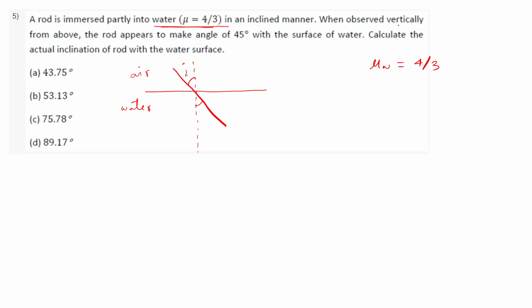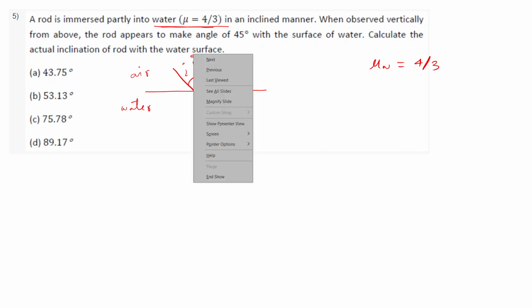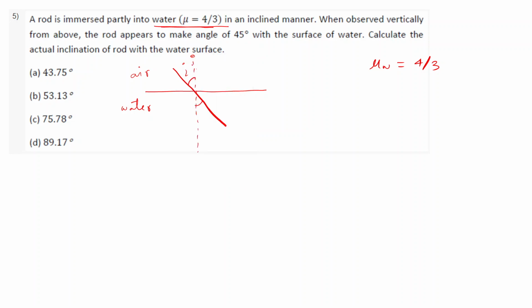The question is, when observed vertically from above, the rod appears to make an angle of 45 degrees with the surface of water. When we are seeing exactly from here, the rod appears to make an angle of 45 degrees with the surface of water. Calculate the actual inclination of the rod with the water surface. So they are not watching from here, but somewhere vertically above.